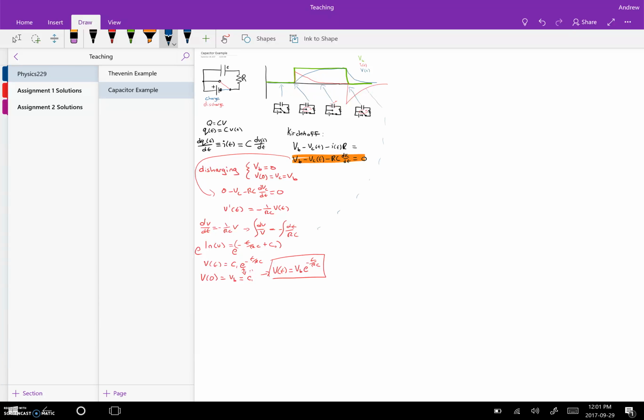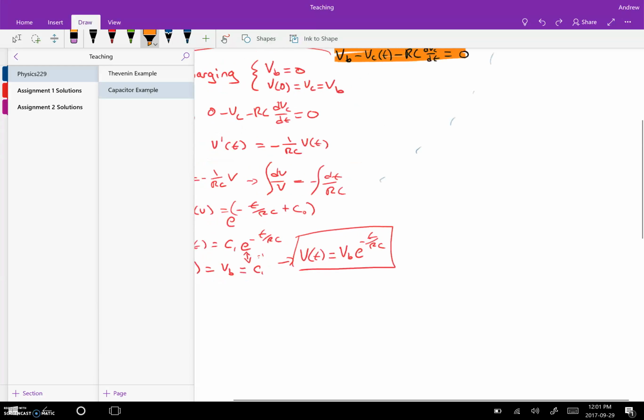let's write this case here. So we now have our exponential decay, and we can see that the time constant, RC, first of all the units of resistance times capacitance is time, which is interesting.